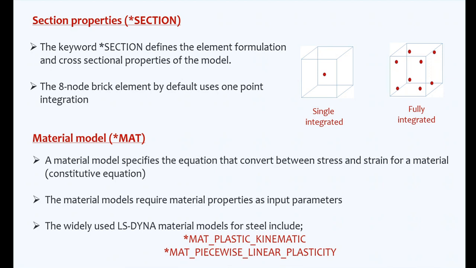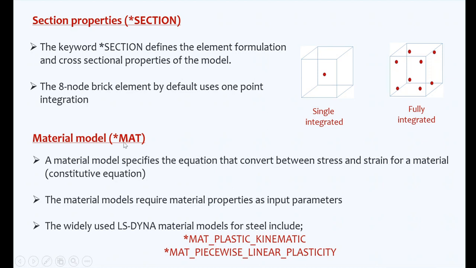You can perform it either using single integrated elements or fully integrated elements. And in LS-DYNA, by default, for a brick element, we use a single integration option because it doesn't take that much time, and we can get the results very easily.